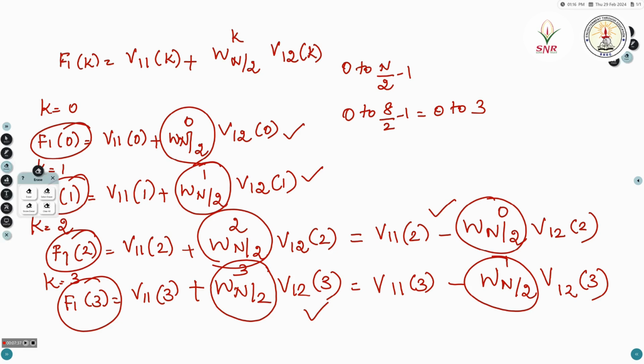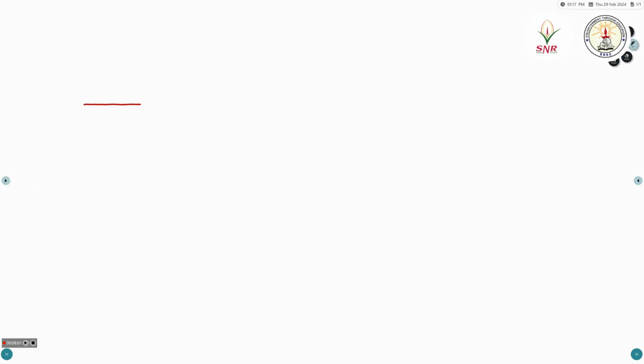In the basic butterfly structure, if you have 2 inputs, the first output is the addition of the first input and the second input multiplied by the twiddle factor, and the second output is the subtraction of them.